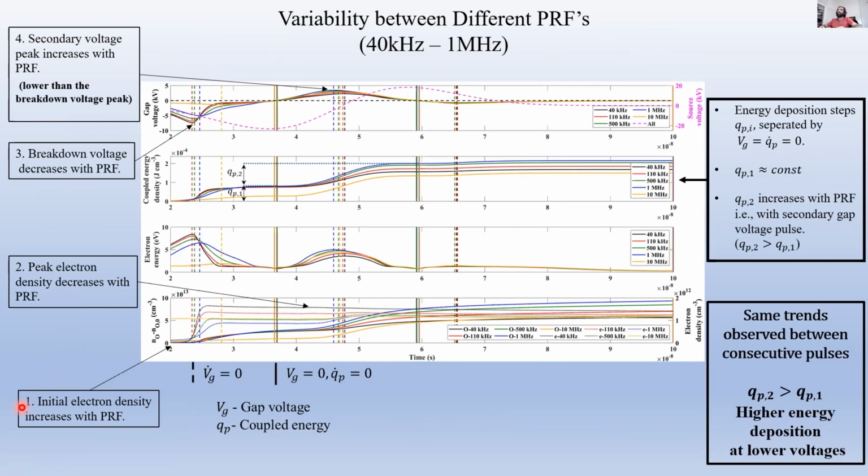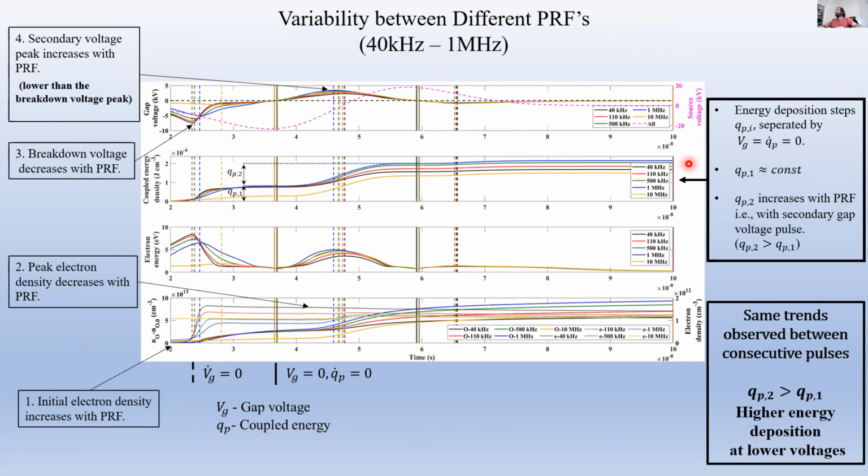For example, we can see that the initial electron density increases with the pulse repetition frequency. Peak electron density decreases with the pulse repetition frequency from the black to blue. About the voltage, the breakdown voltage decreases with the pulse repetition frequency, and the secondary voltage peak increases with the pulse repetition frequency.